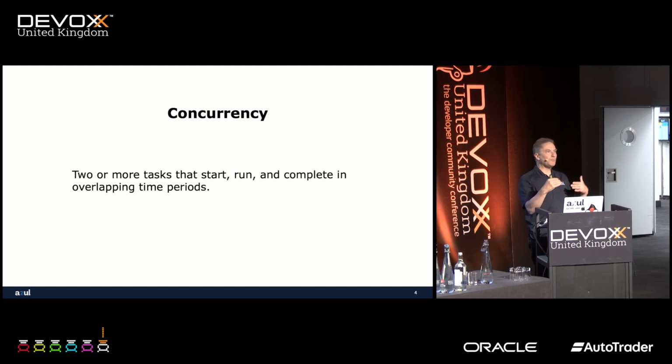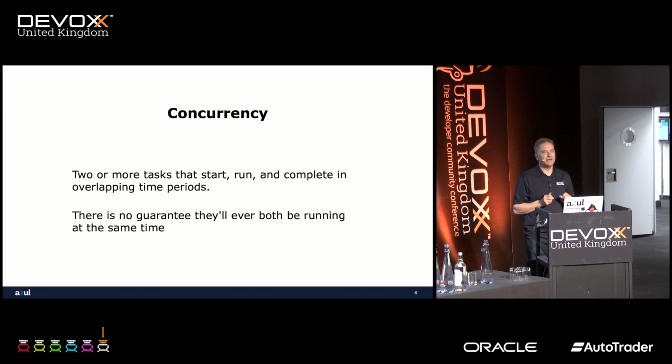So there's an overlap in terms of the time when those tasks are actually running. However, a very key thing here is that there is absolutely no guarantee when we're dealing with concurrency that those tasks will actually be running at the same time. Even though they overlap in terms of the time when they're executing, there's no guarantee that they will be executing at the same time. So that's concurrency.